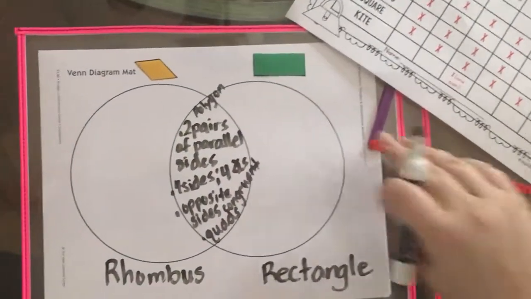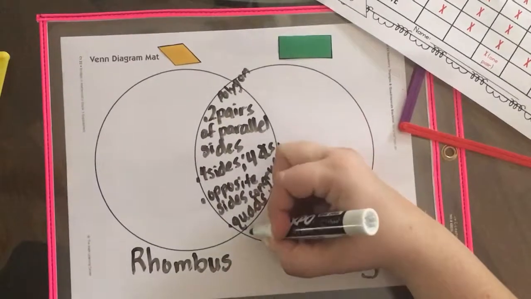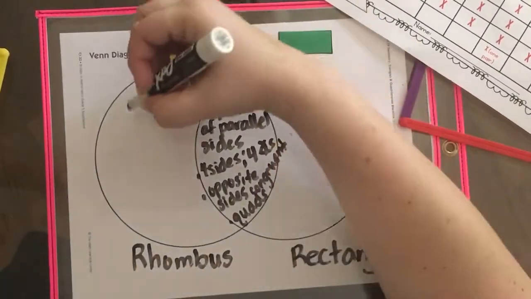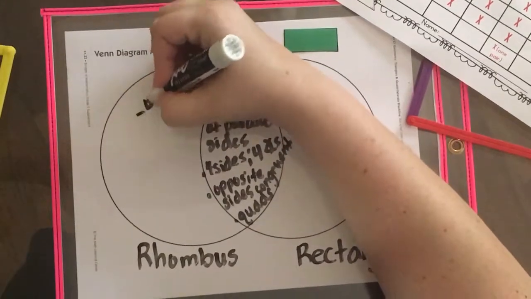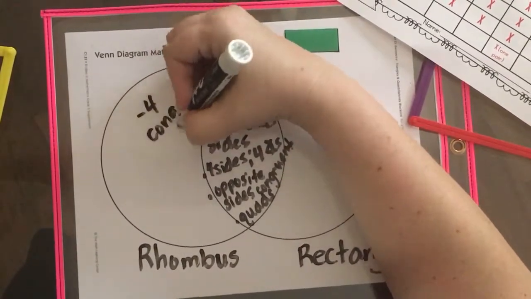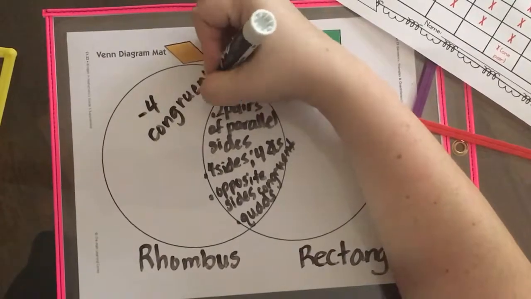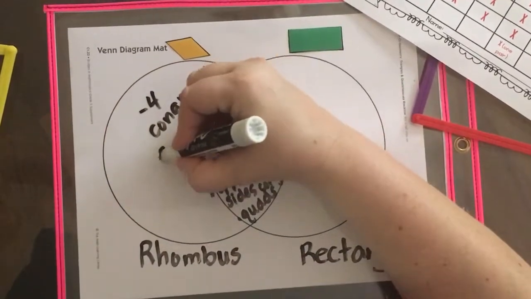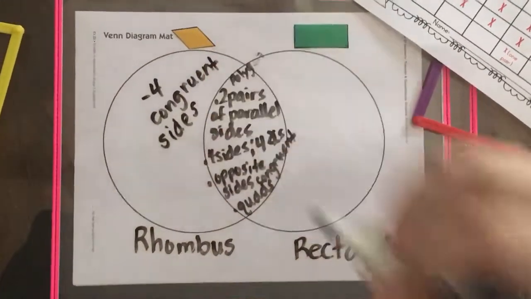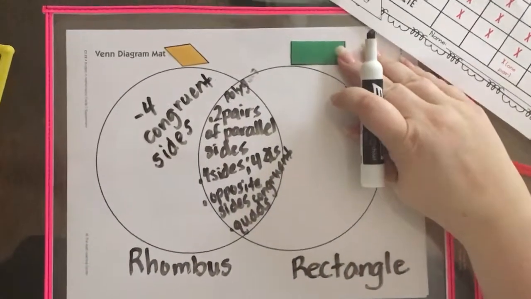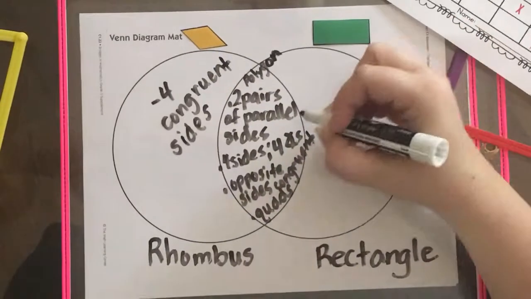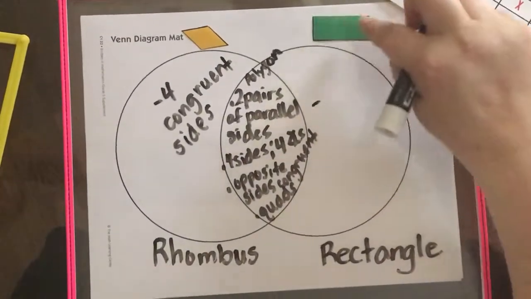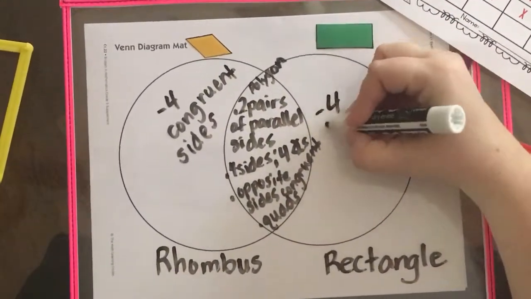But one thing that makes a rhombus different is that a rhombus must have four congruent sides. And one thing that makes a rectangle different is that it must have four right angles.